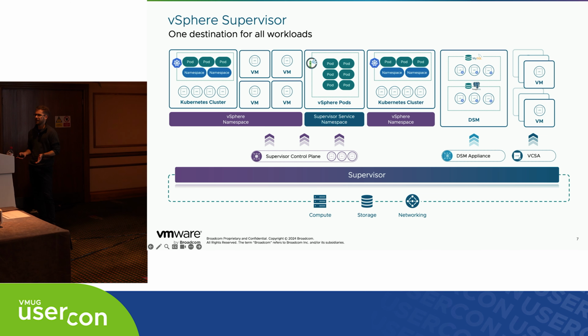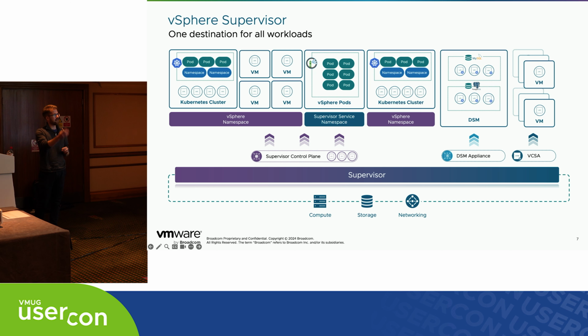We've wrapped a supervisor around it, which I'll come to in more detail on the next slide. This is what's provided that control plane API upwards for our developers to use. And we've got now these modern applications running on our supervisor side by side with your traditional virtual machines that you have already deployed in vCenter.